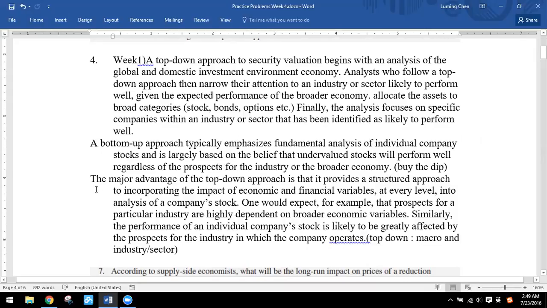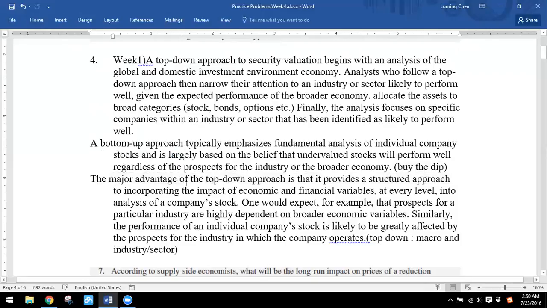If you think a stock like Netflix drops for no specific reason and you buy the dip, you expect that it will return to the normal valuation level. So that's why we call it buy the dip.